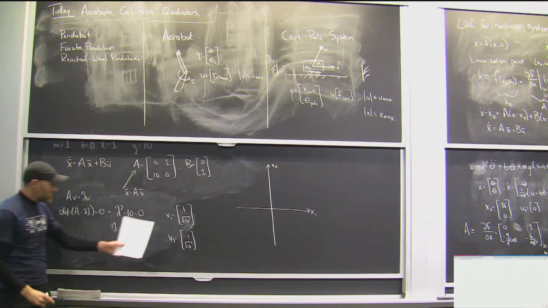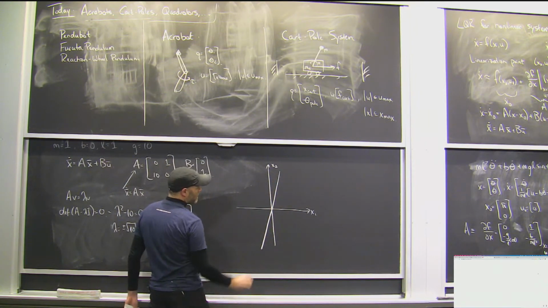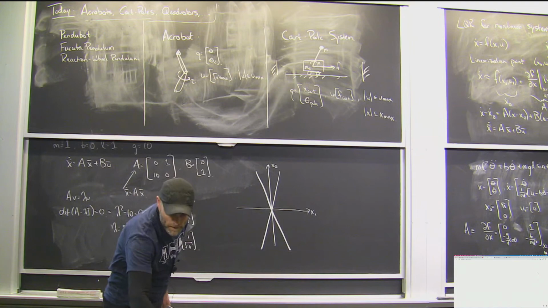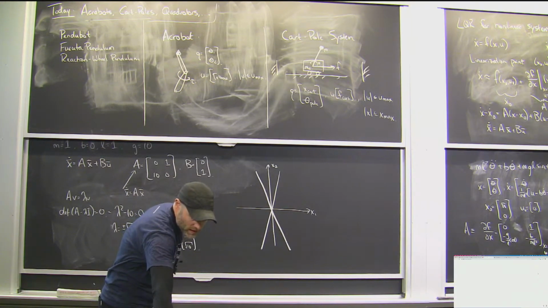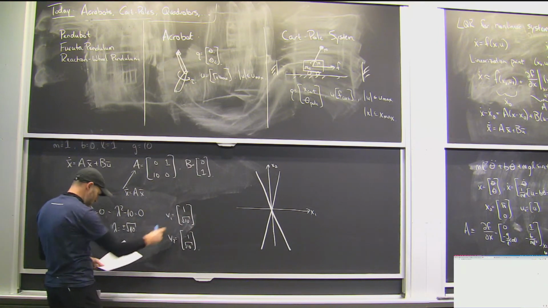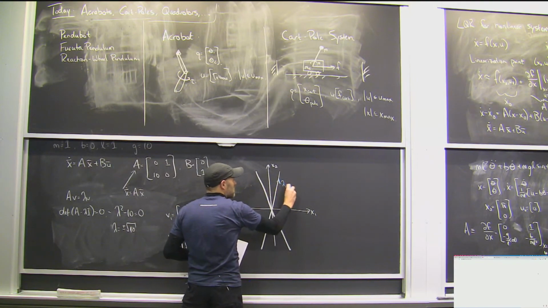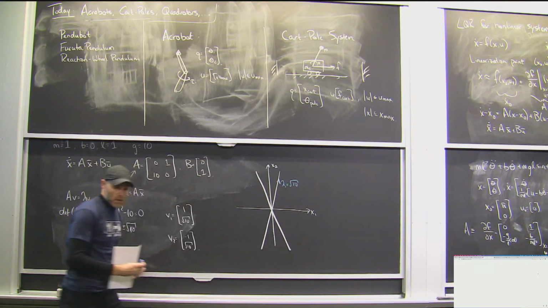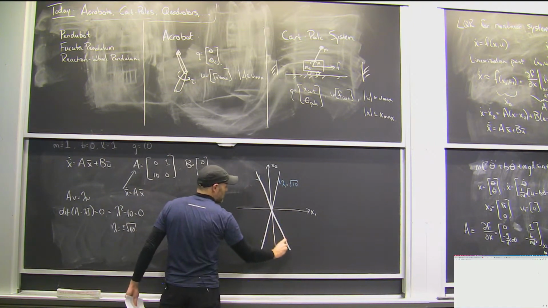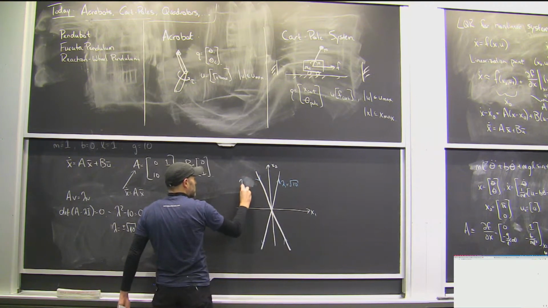I have two lines. I have [1, square root of 10], which looks like this, say. I've got another one that's [1, negative square root of 10], looks like this. The eigenvector corresponding with this is lambda 1, square root of 10. The eigenvector corresponding to this one is lambda 2, negative square root of 10.